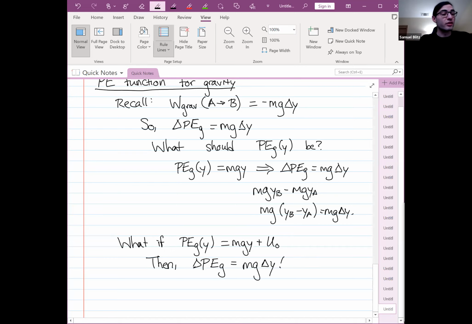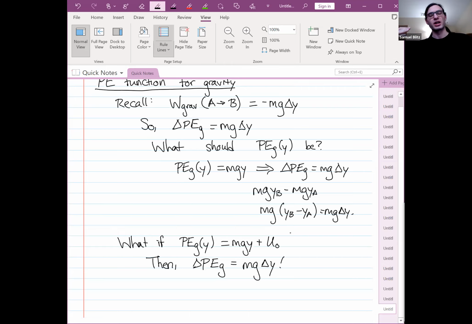So what gives? Why is it that we could have just added some random number, whatever that number is, to our potential energy function, and it still works? It still matches what we know the potential energy should change by. Well, the point is the potential energy at a particular place isn't so important.